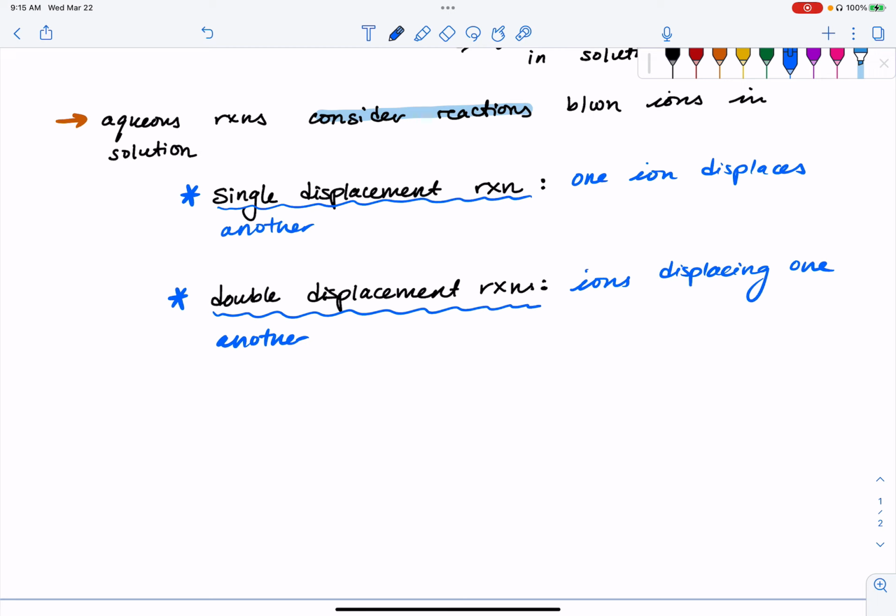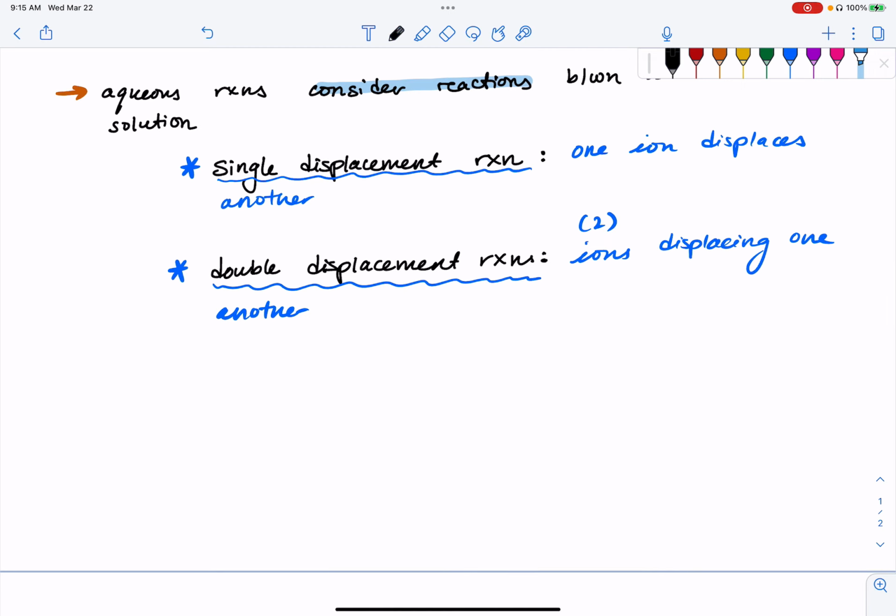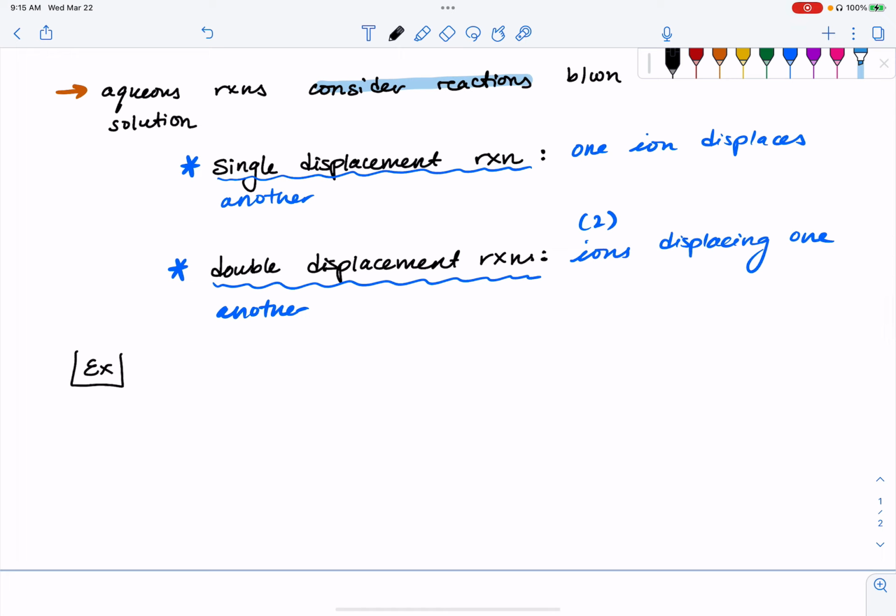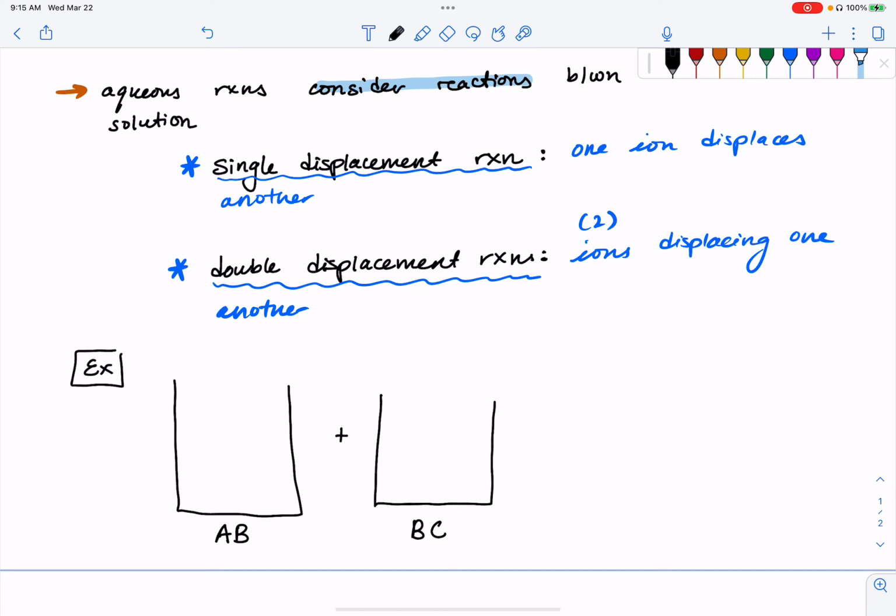So there's two ions displacing one another. So for example, if I were to look at a solution of ionic compound AB, and I were to mix that with a solution of ionic compound CD, let's see what we might see happen if A, B, C, and D undergo a double displacement, meaning their ions displace one another.